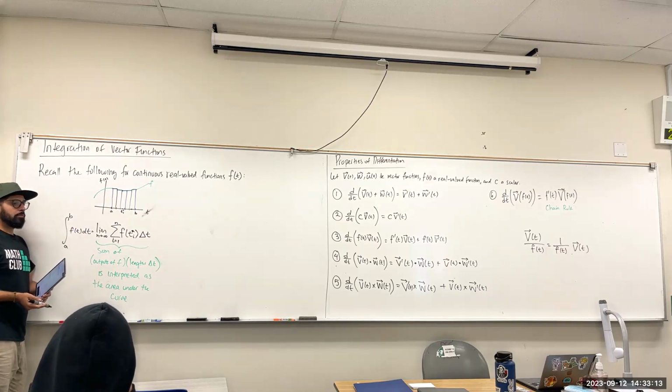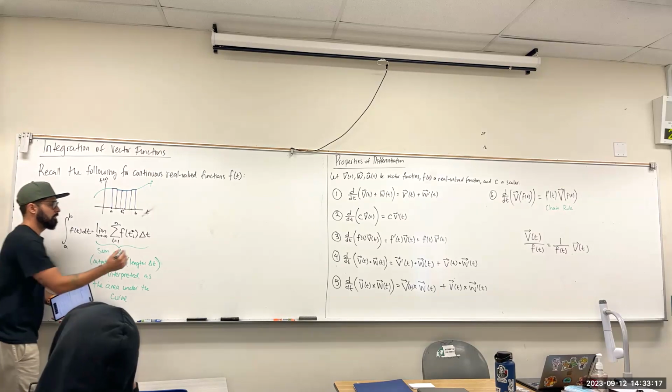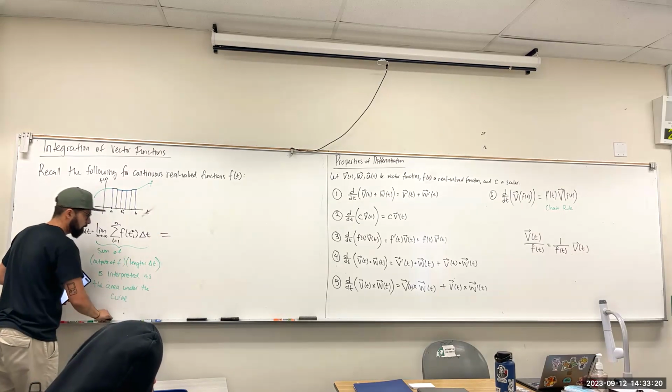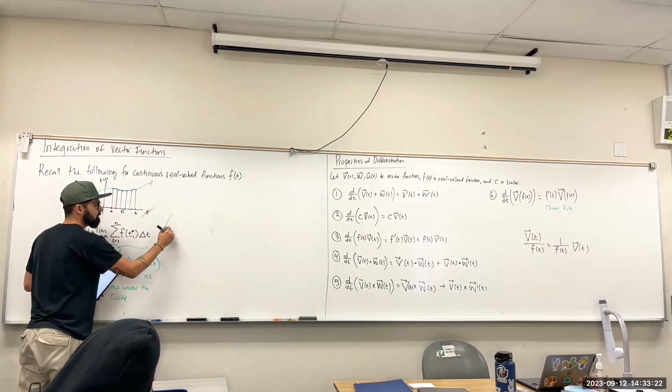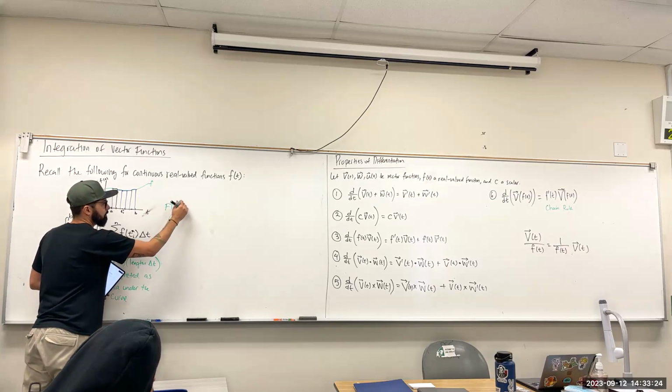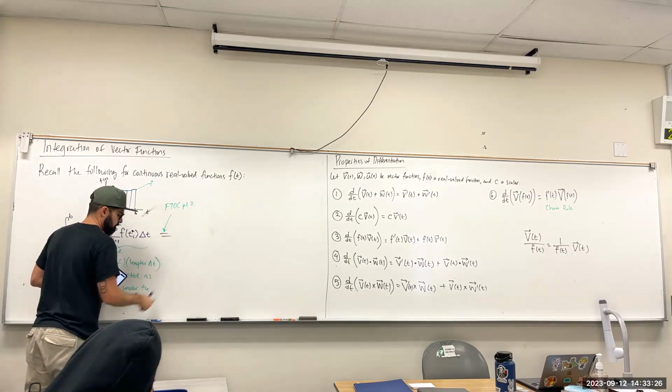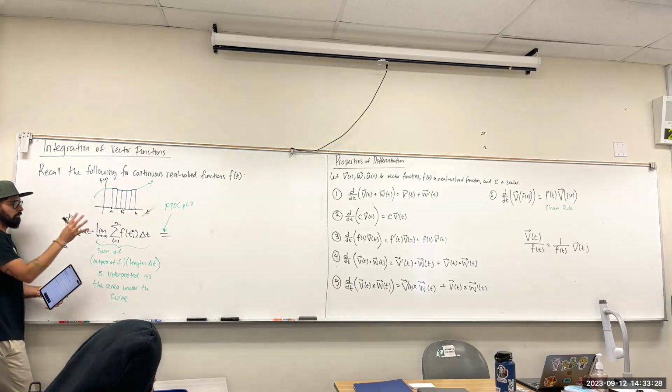And then you guys were like, I'm sure you hated doing this problem. Okay? But then thankfully, the fundamental theorem of calculus, part 2, came along and said, yo, I don't have to do all this.